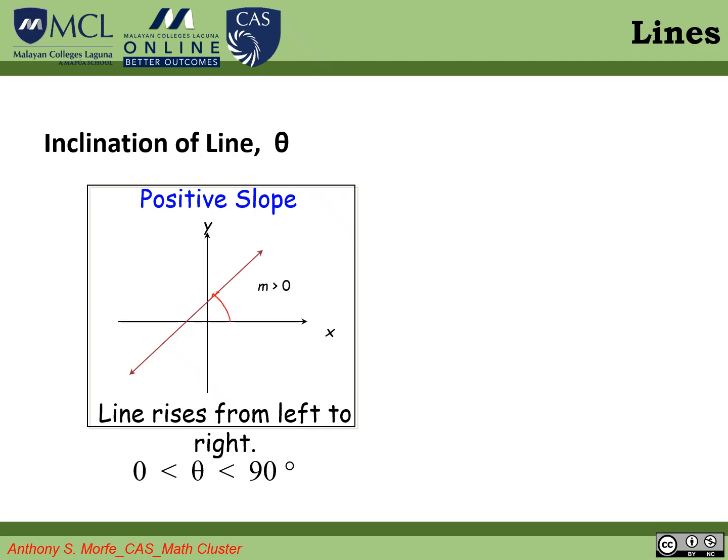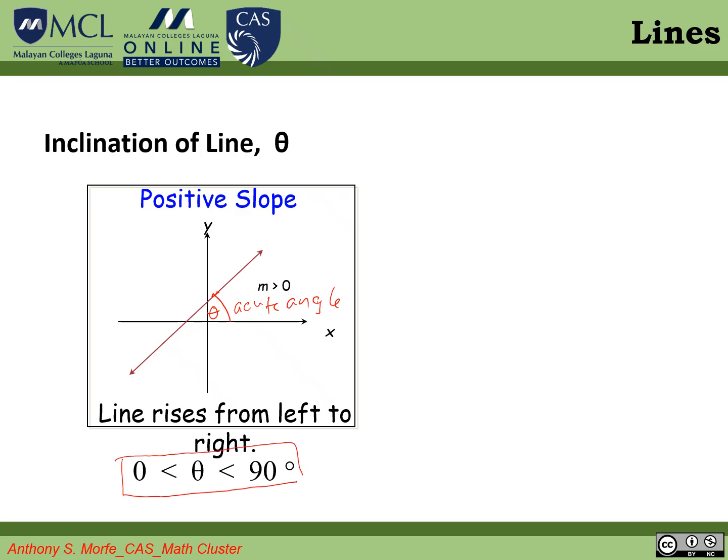This is our angle theta. This angle theta is what we call acute. This is an acute angle. Why is it acute? Because it is less than 90 degrees. So the domain for theta is this.